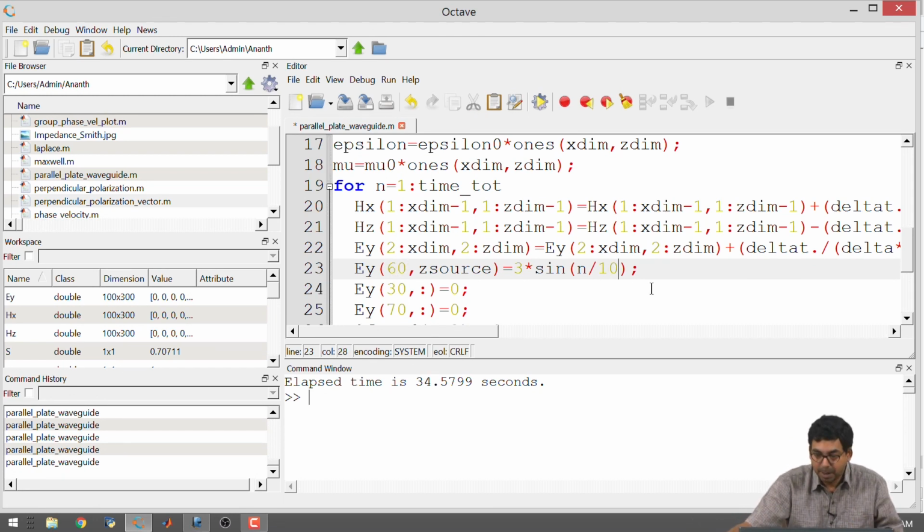And in order to keep my analysis simple, I will also try to increase the frequency to say an over 6.